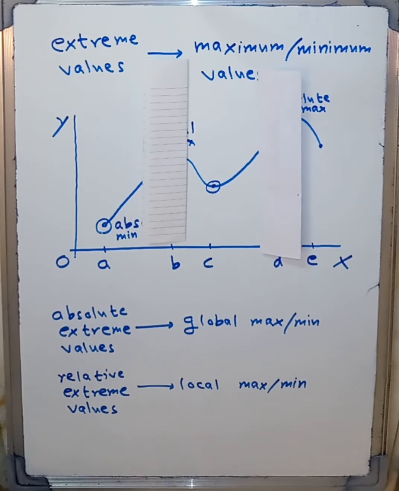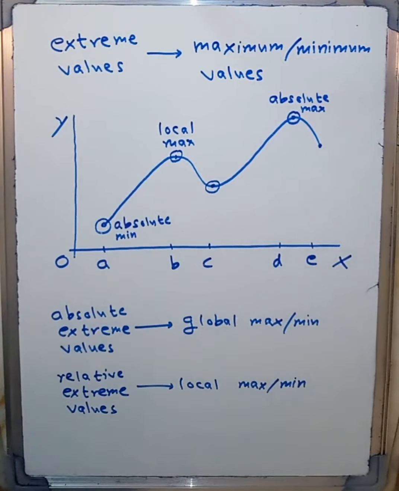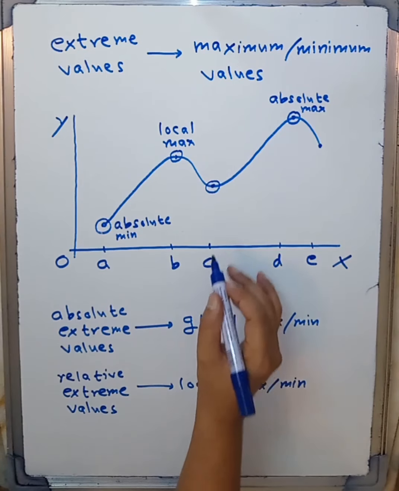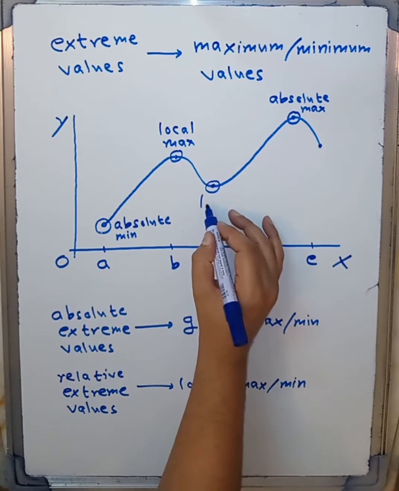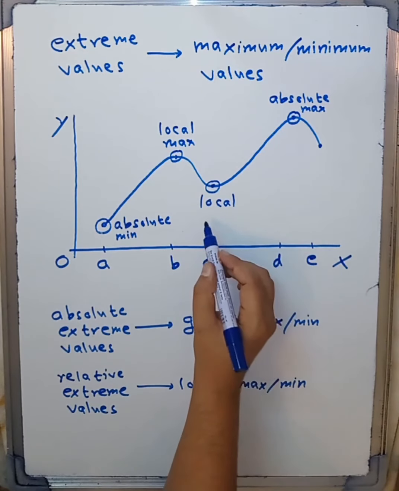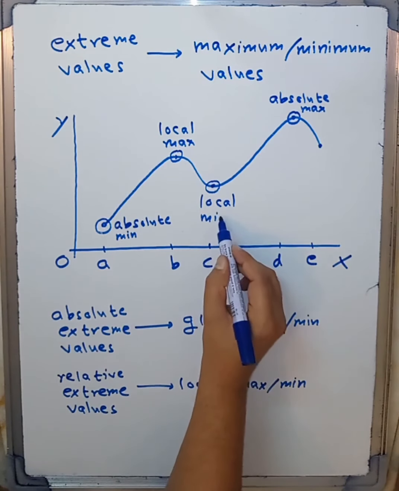So again we can say that the value at C is a relative minimum or local minimum. So we will write the value at point C is a local or relative minimum.